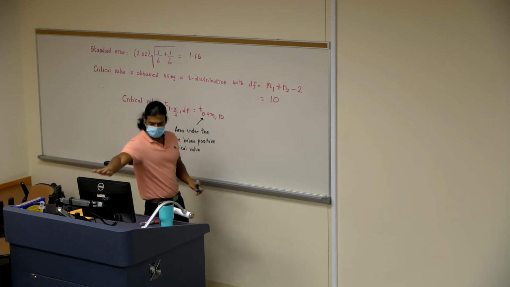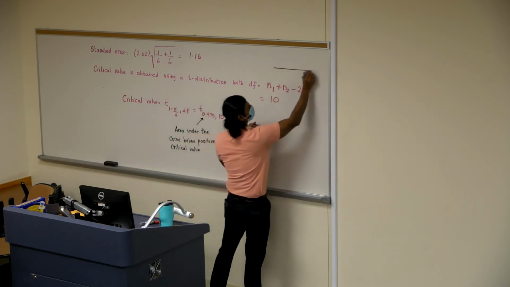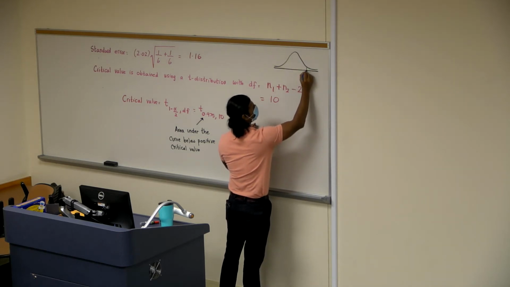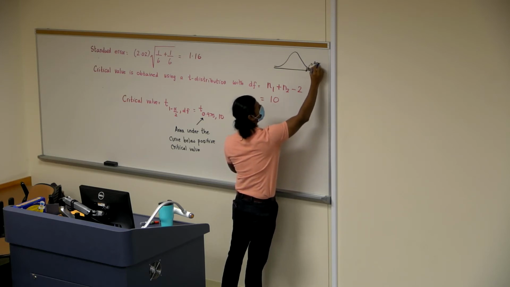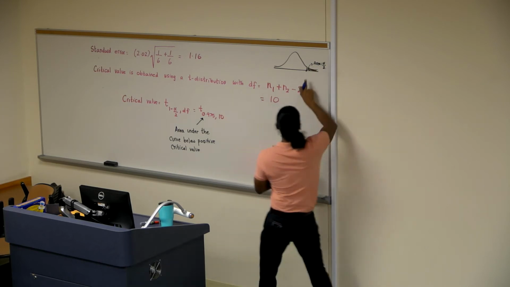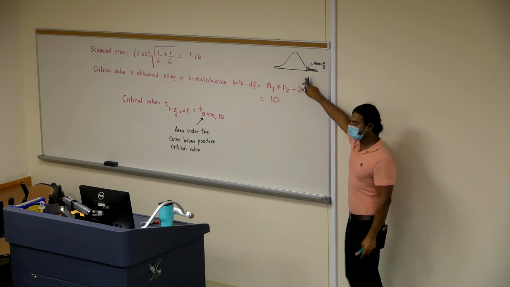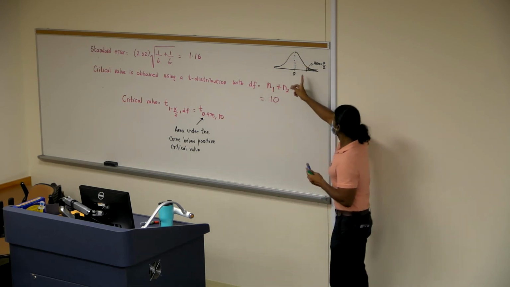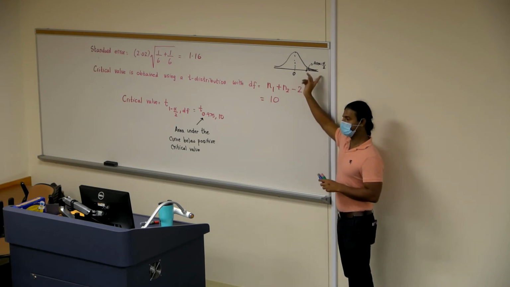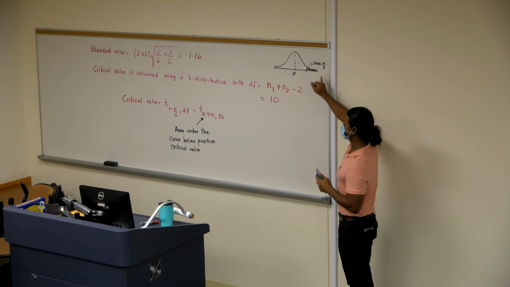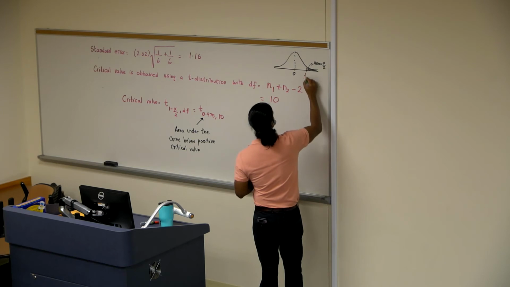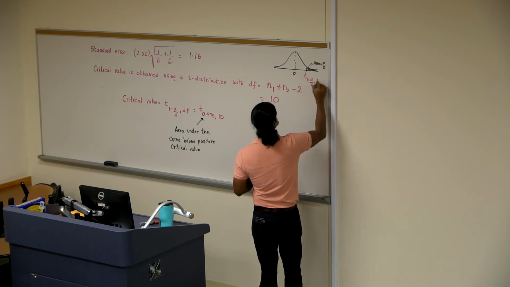You may wonder, what curve is he talking about? That is the positive critical value, because the 0 is going to be right in the middle. So we want to find the area below the positive critical value. If the area above is alpha over 2, the area below is 1 minus alpha over 2.